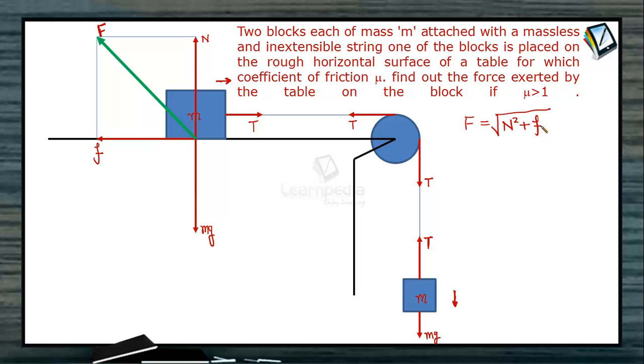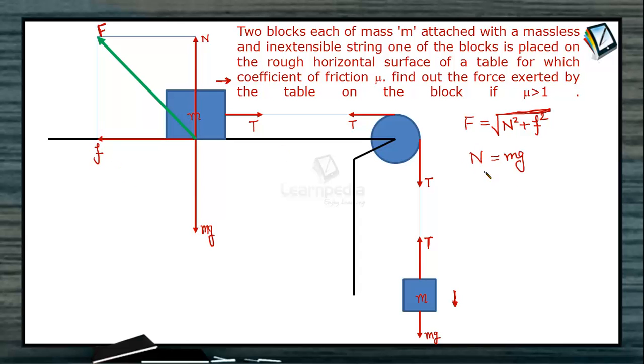Alright, so here one point you can see is that since this block cannot move vertically, the net force on this block has to be 0 in the vertical direction. So straight away we have normal reaction equal to mg. We'll be using this normal reaction later on. And what about the force of friction?